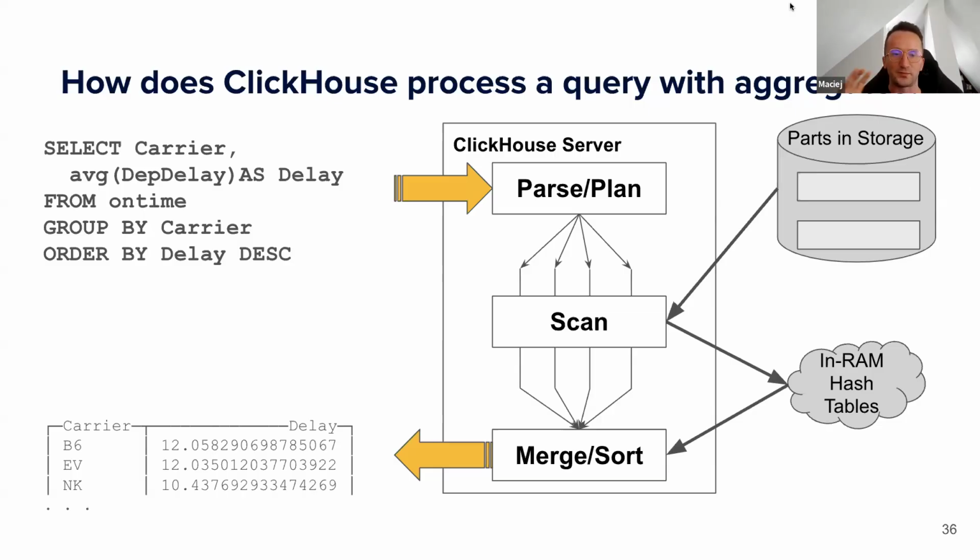For example, the aggregation is dynamic, so those hash tables can be split into multiple levels to allow merging hash values in parallel. This is basically what's going on, and this is all happening in memory. You can enable spilling aggregation to disk and sorting, but it will slow down the query. So better don't use it.